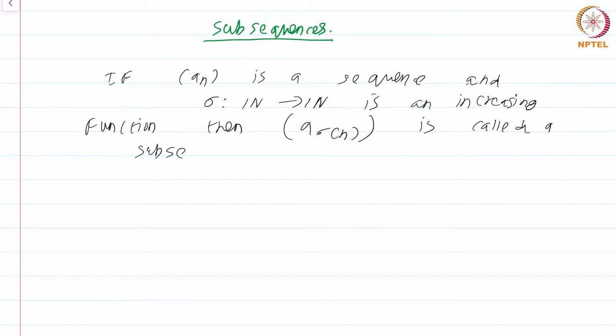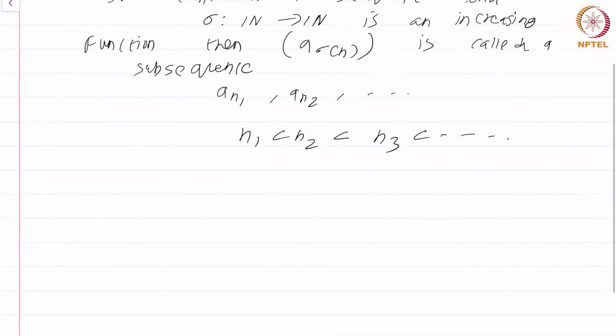In other words, this is just a collection of terms from the sequence a_n in the same order. So it is a_n1, a_n2, and so on, where n1 is strictly less than n2, which is strictly less than n3, and so on. It is just terms of the sequence in the same order.